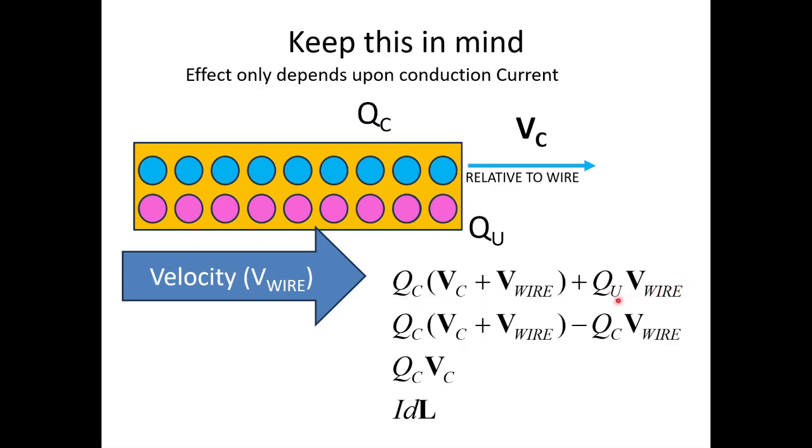So the first thing we can do is replace QU with its equivalent, which is the negative of QC. And then we see that the velocity of the wire cancels out, giving us the complete illusion that the field moves with the wire. The velocity of the wire is the velocity relative to the medium.